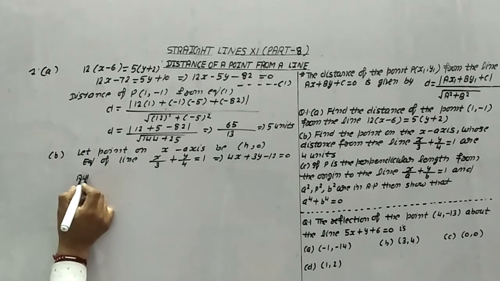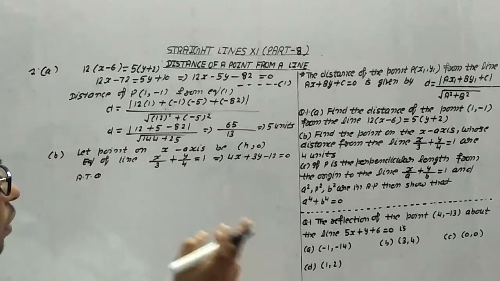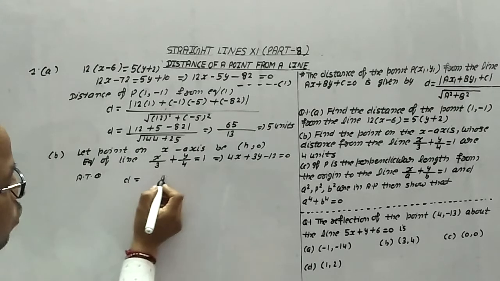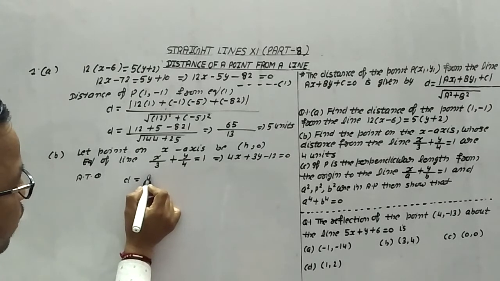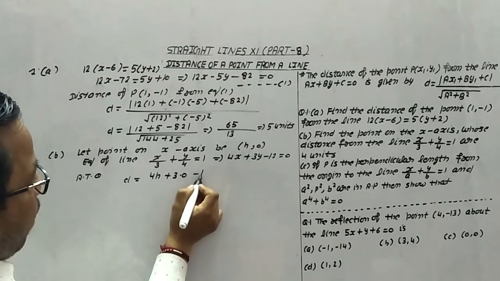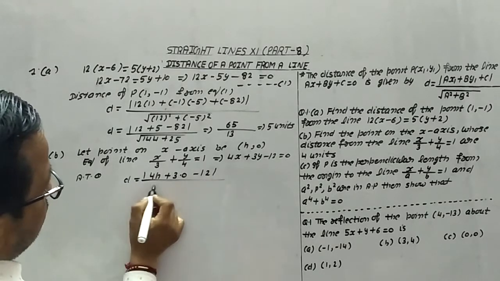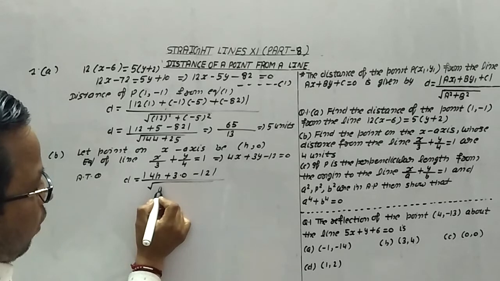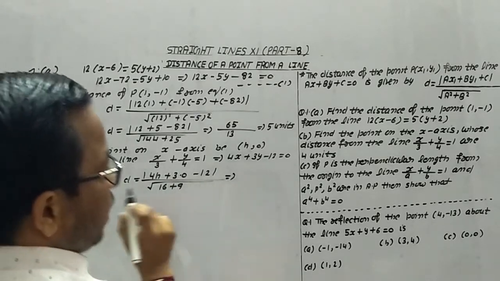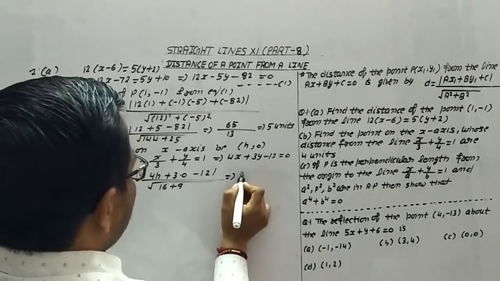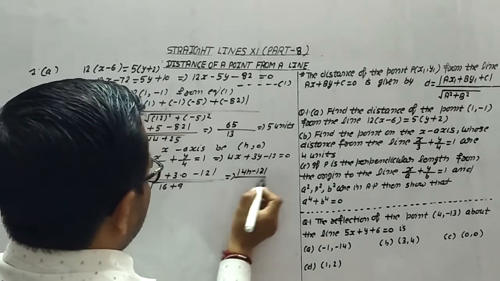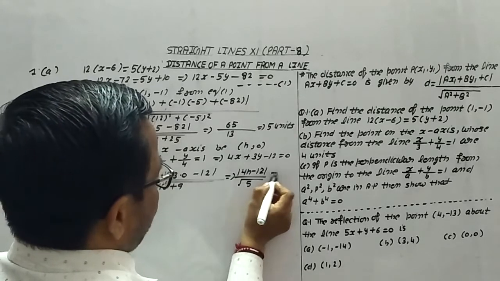Now according to the question, we have to find the distance. It means d is equal to ax1, it means 4 into h, plus by1, 3 into 0, minus 12, upon under root a square, which becomes 16, plus b square, which is 9, and d is already given here. What is this? 4 units. It means modulus of 4h minus 12 upon under root 25, which is 5, is equal to 4.